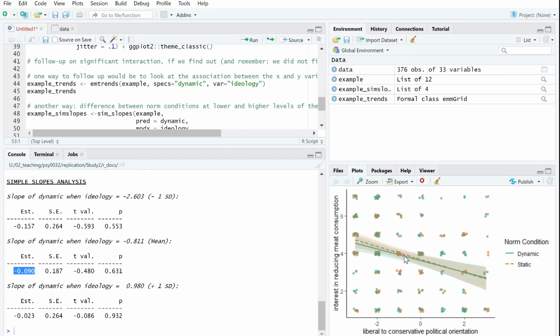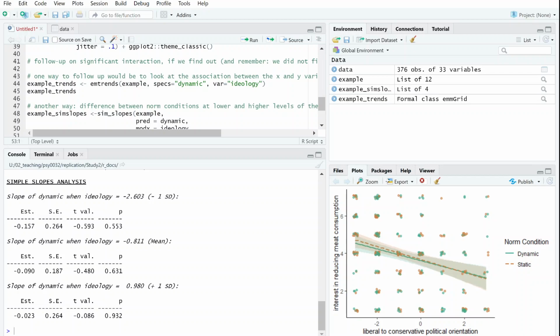So that little orange line is still a little bit above the green line, but the difference is too small to be statistically significant. The p-value is 0.631, which means that the difference between the dynamic and the static conditions here, even though numerically there is a small difference, is not big enough for us to conclude that it probably doesn't come from a null hypothesis distribution. So we can't reject the null hypothesis.